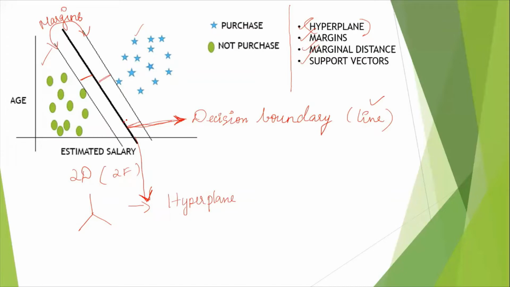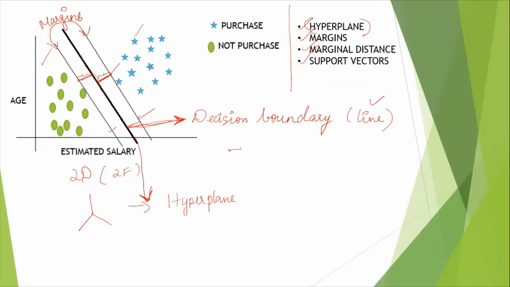So this is the decision boundary and these two lines are parallel to this boundary. And what is called the marginal distance? The distance between the hyperplane and these marginal lines. So if you see, this is the marginal distance.